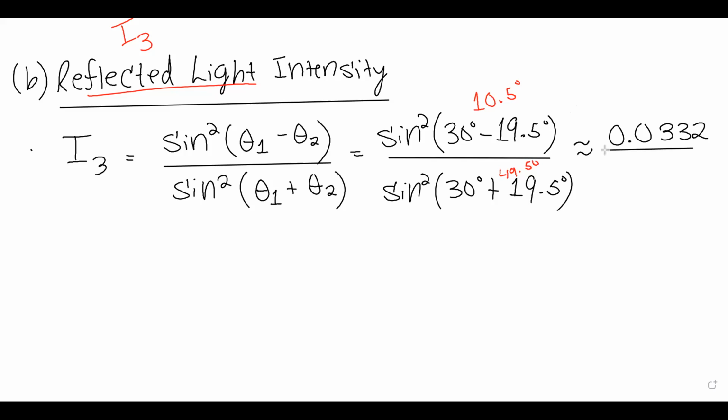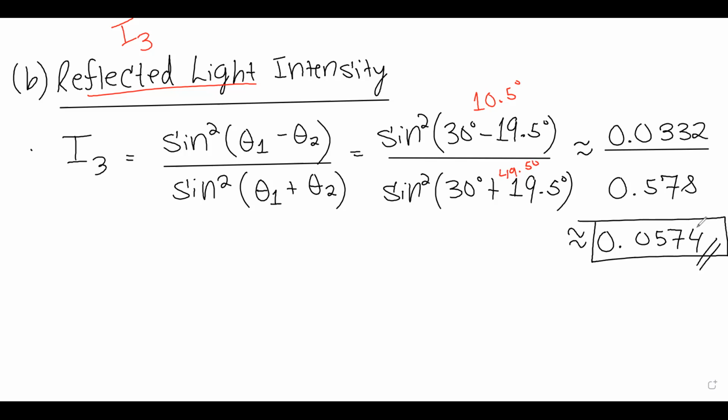Divided by the denominator is 0.578. This equals 0.0574. That's the intensity of the light. If you want a better grasp of the meaning of this value, multiply this decimal by 100 to convert it to a percentage, which gives 5.74%.